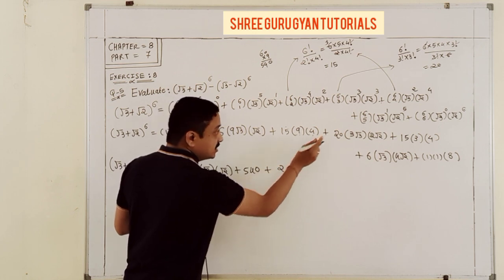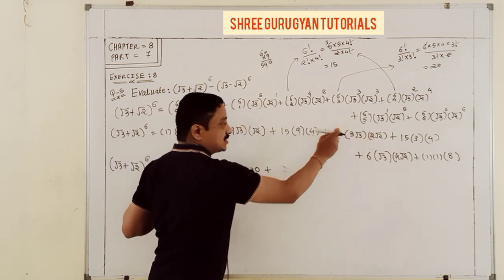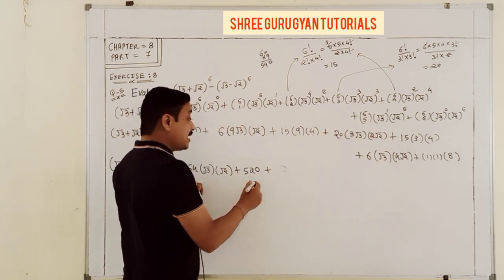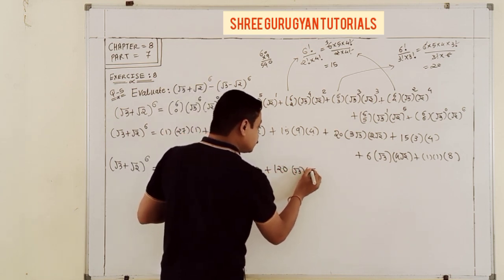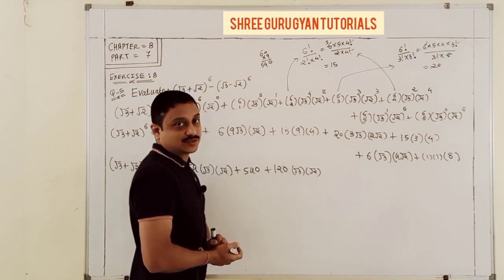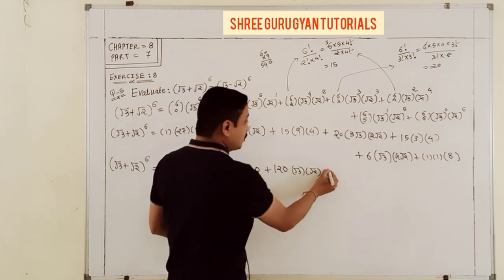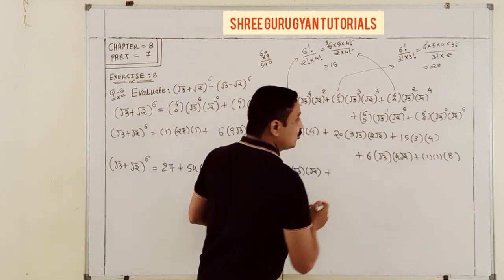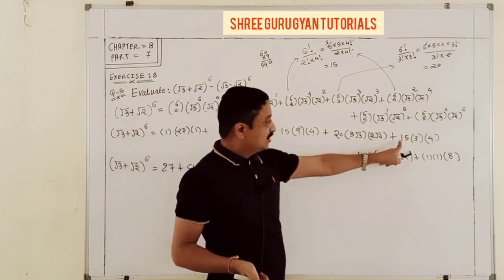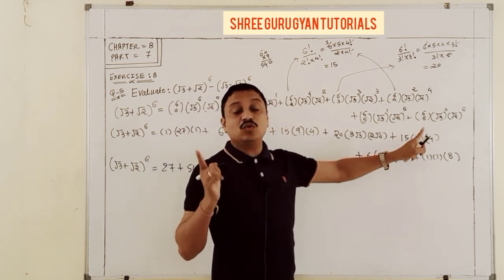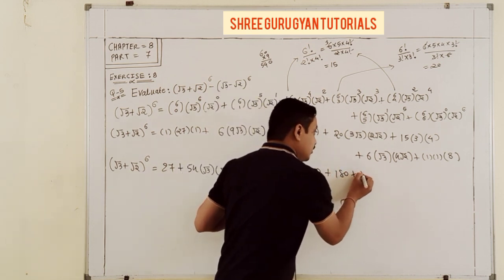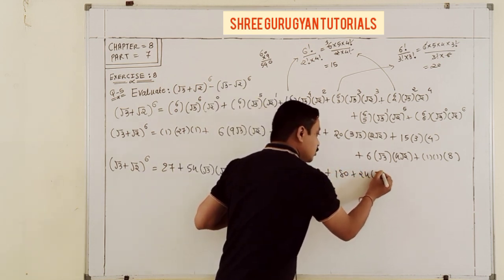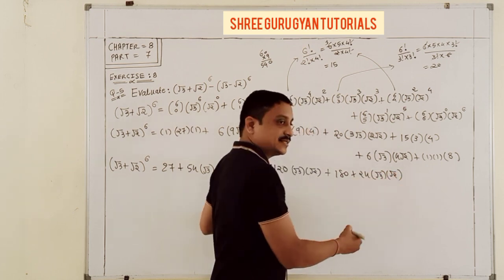Next 20, 3 twos are 6, 6 twos are 12, means 120√3√2. Now 4 threes are 12, 12 into 15, 15 threes are 45, 45 into 4 is 180. Next 24√3√2, and last 8.